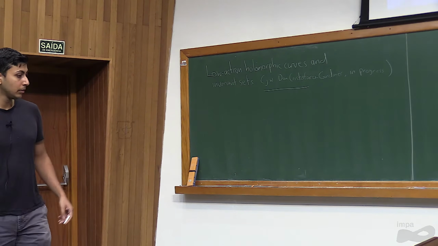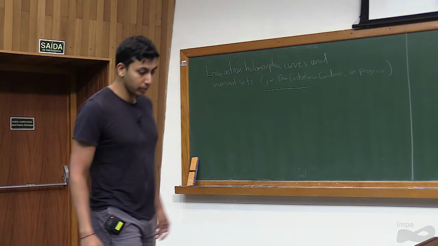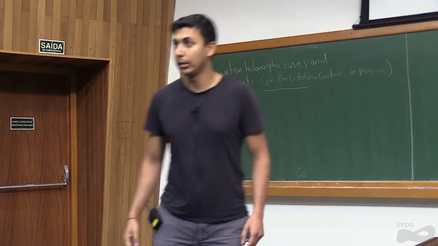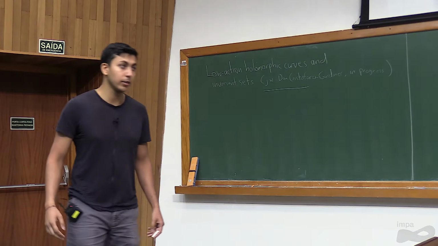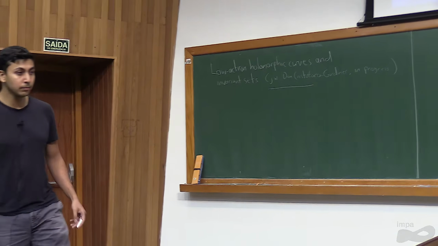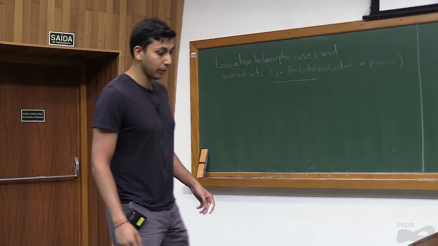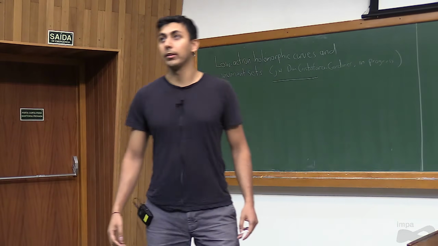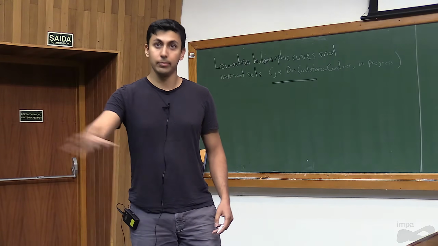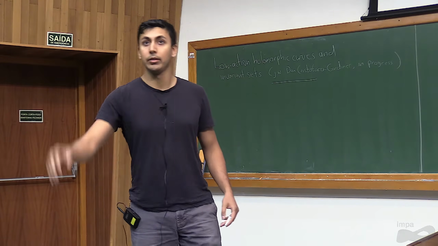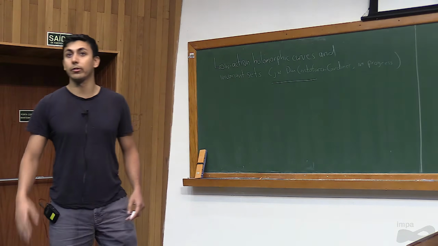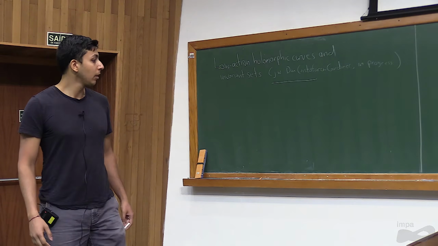So I'm going to talk about the problem of detecting non-trivial invariant sets of dynamical systems. This is a very fundamental problem. It's been the subject of lots and lots of work ever since dynamical systems existed.